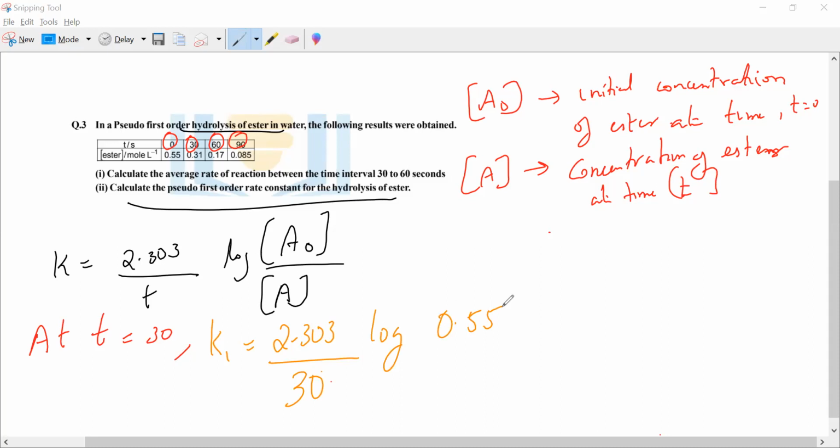Initial concentration. Initial concentration is the same, 0.55. Correct. It is the same for all the values. 0.55 by 0.31. So now kindly solve this and let me know.